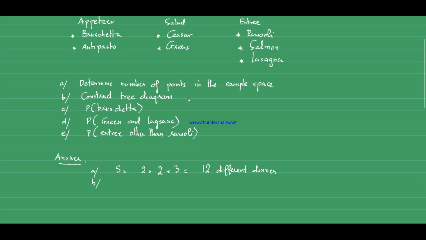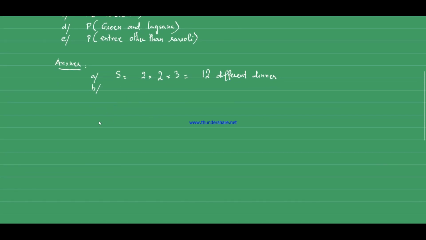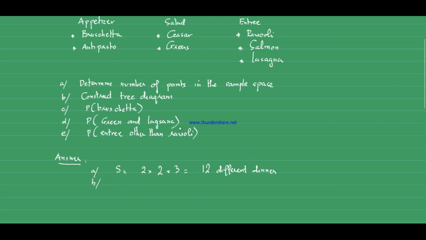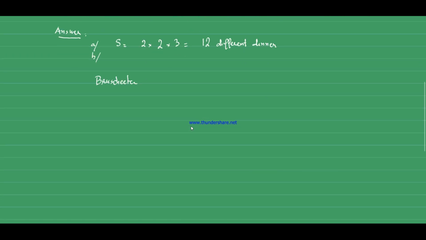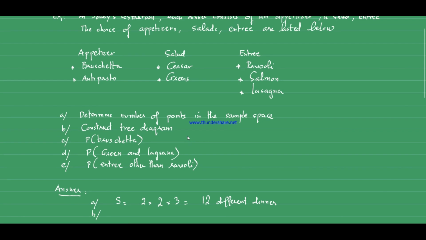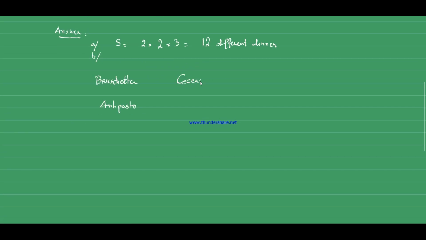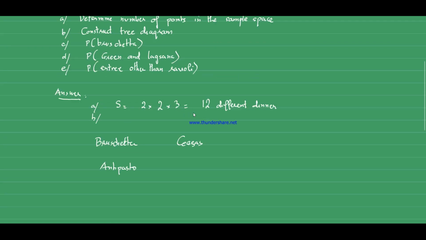The reason we have 12 is actually based on the tree diagram. For the appetizer, we have two types: bruschetta and antipasto. Then for the salad, we also have two of them: Caesar and green.